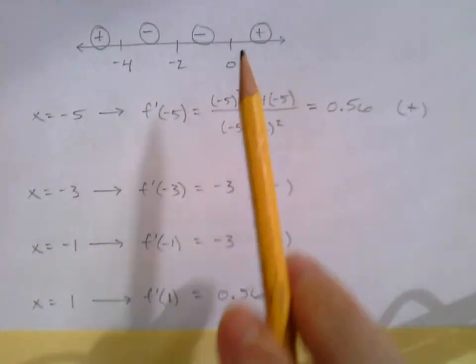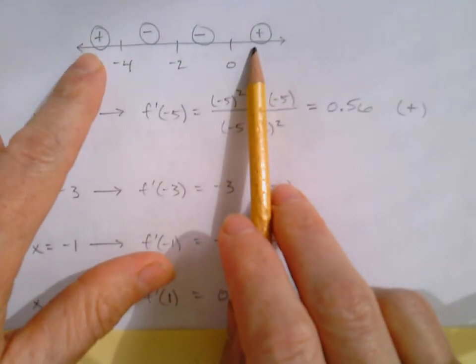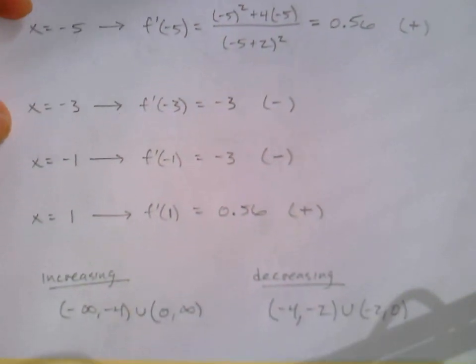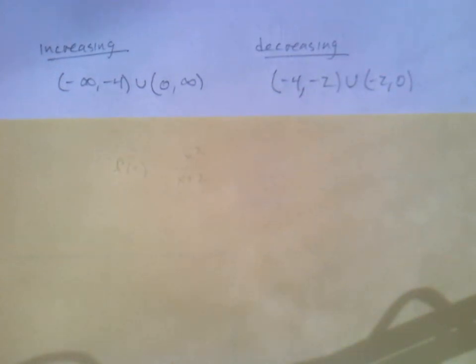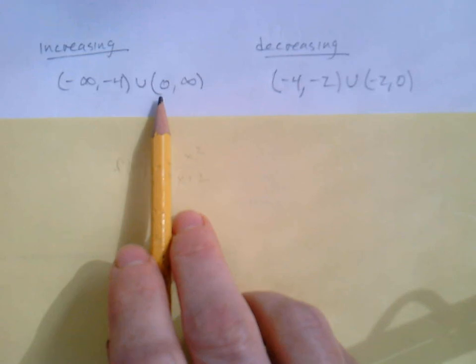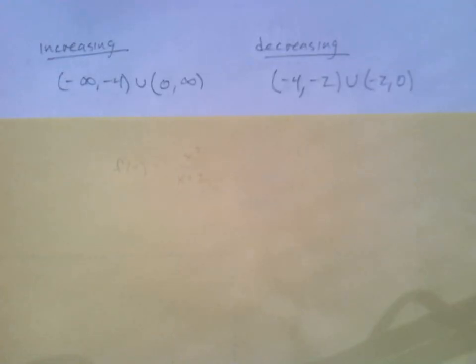Well, with this, we can answer where it's increasing and decreasing. Where I see a plus, it's increasing. Where I see a minus, it's decreasing. It doesn't quite all fit on the page, so I'll just scroll it down. Here we go. It's increasing from negative infinity to negative 4, and then from 0 to infinity.